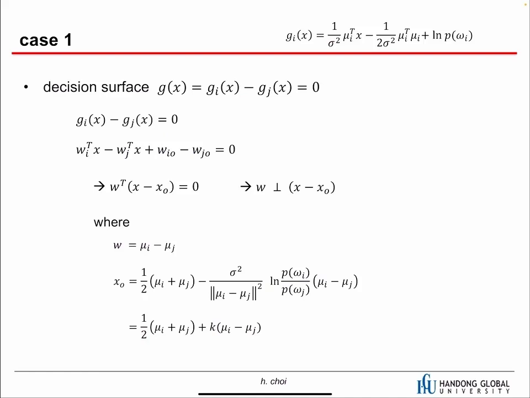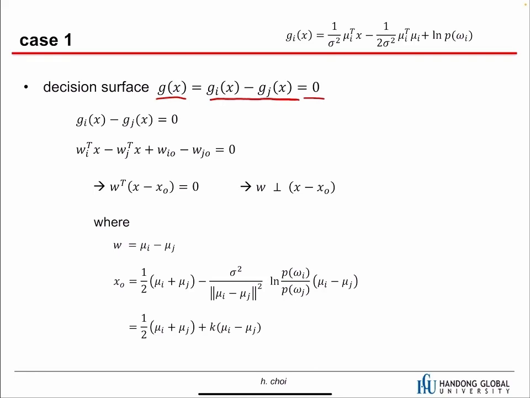Okay, then let's check the decision function g of x, which is g sub i minus g sub j. When g of x is 0, we can find one curve, and that is the boundary curve.